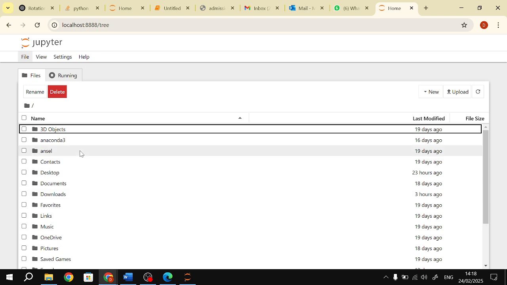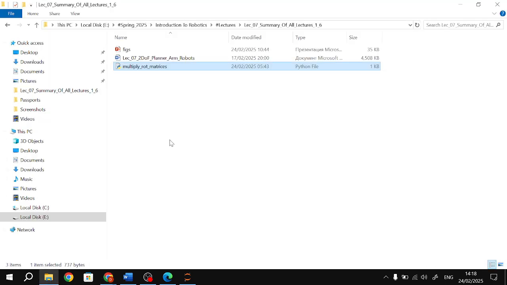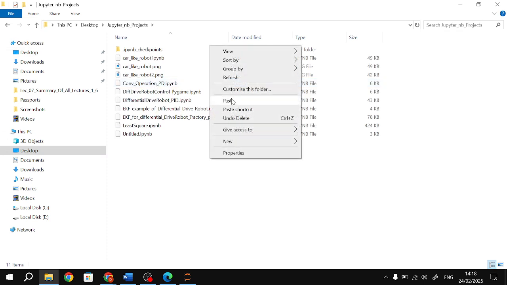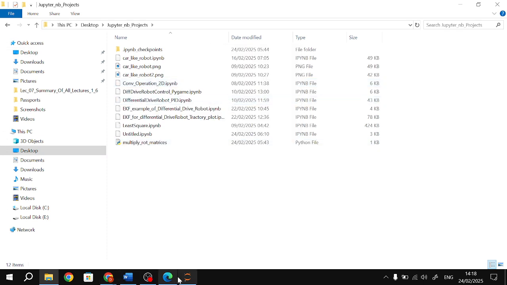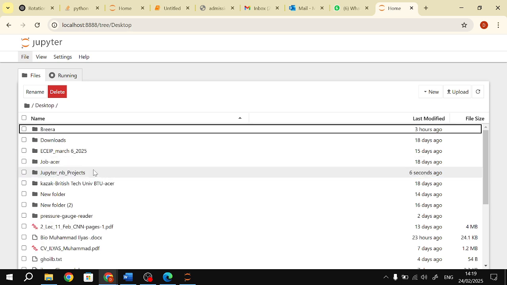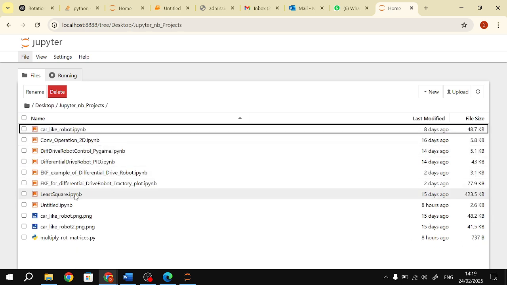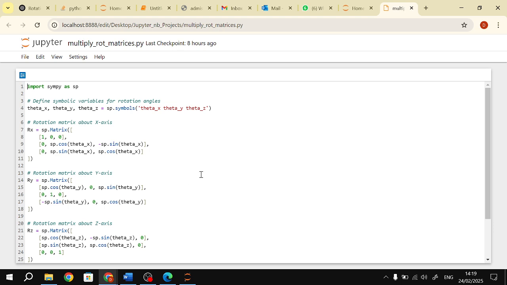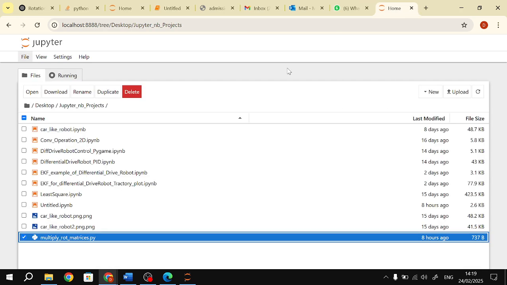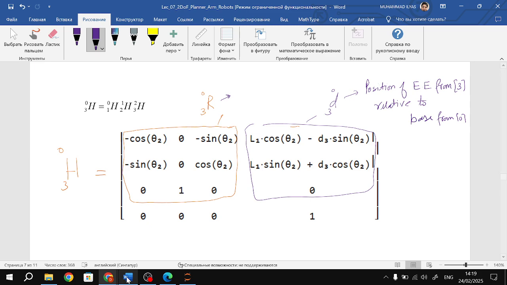Let me copy it to that folder. Here I have many Jupyter Notebook projects. Now I can open it. Oh no, not this one. Okay, I think I did not save it. I just copy the result.